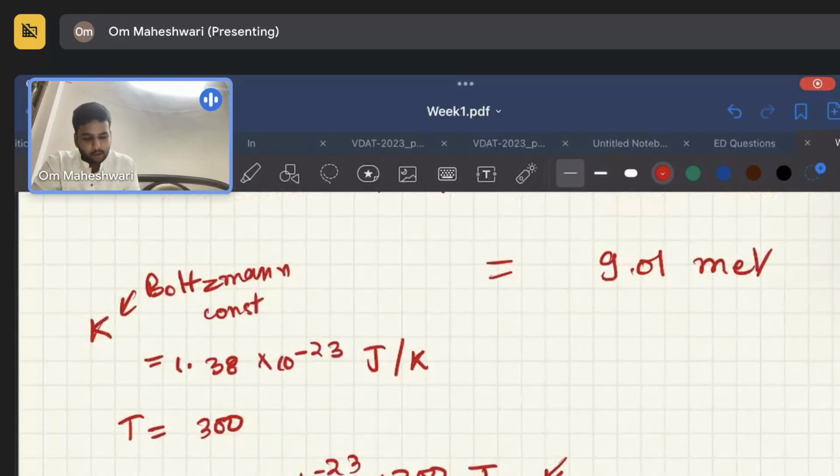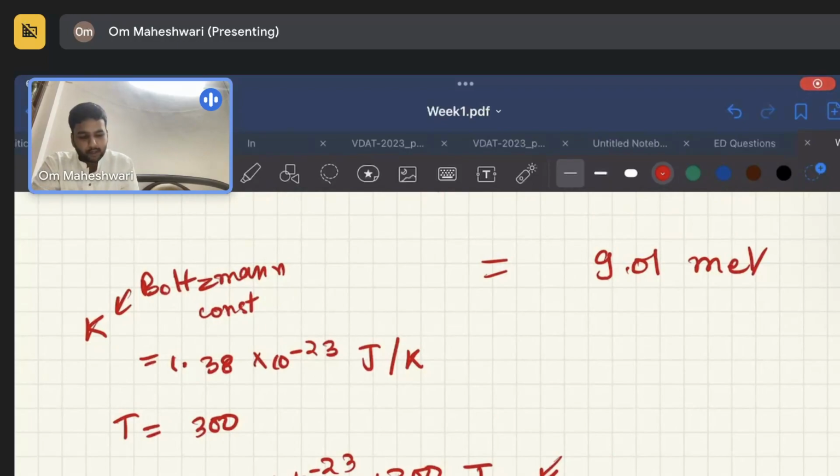Now I want to know it in electron volts. So for electron volts I will divide it by Q. So KT by Q will give me 1.38 into 10 to the power minus 23 into 300 upon 1.6 into 10 to the power minus 19, the electron charge. This gives 0.026 electron volts.